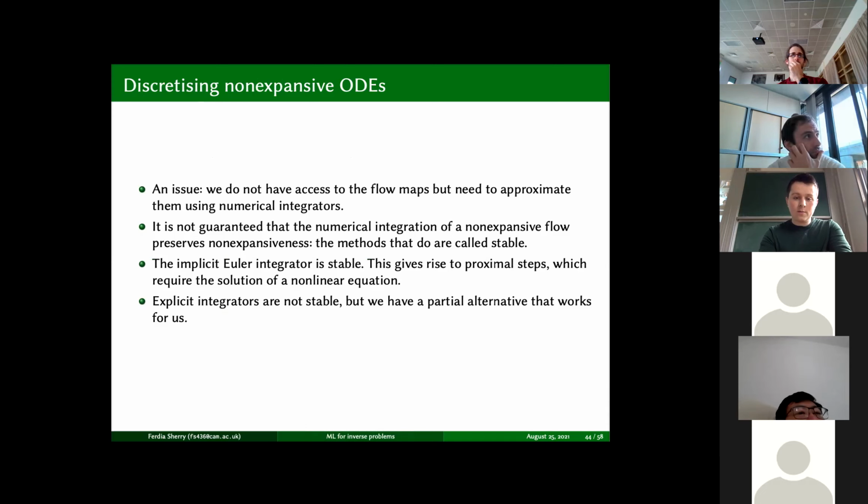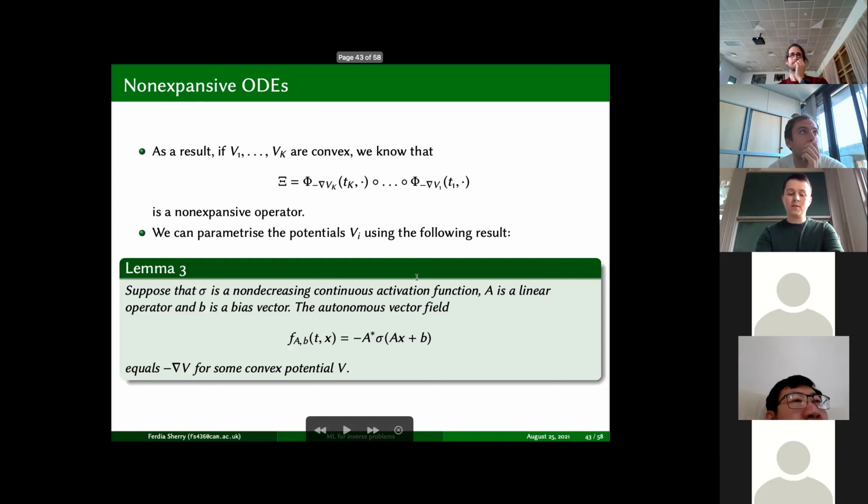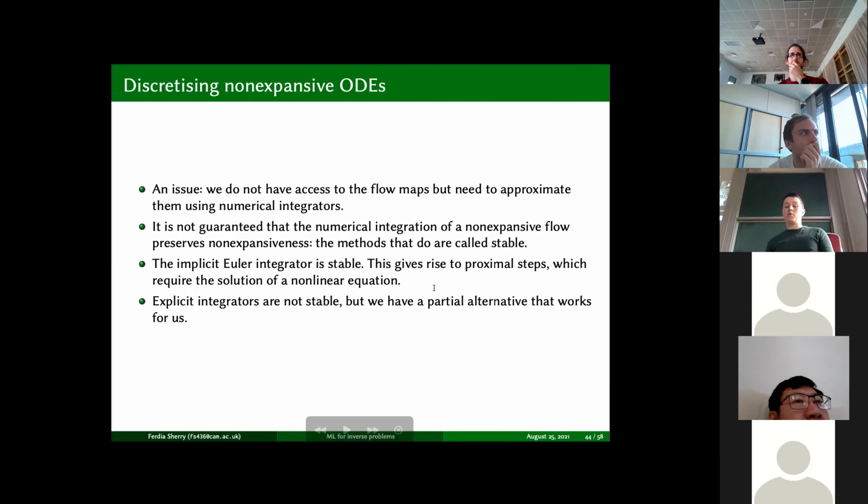So yeah, that's nice, but in practice we don't have access to this flow map, and we have to do some kind of numerical integration. And the non-expansiveness under this condition is not preserved universally by numerical integrators. Some implicit methods, like the implicit Euler integrator, have this stability property, and you end up composing proximal operators as your neural network.